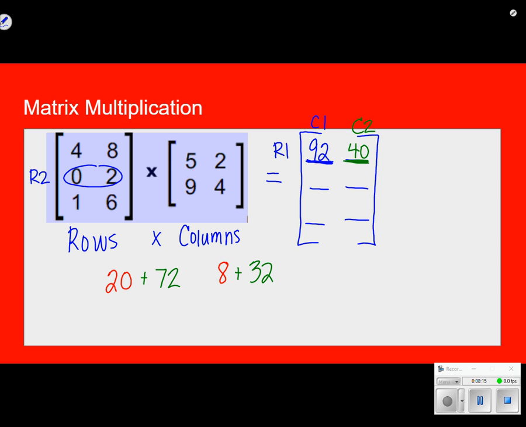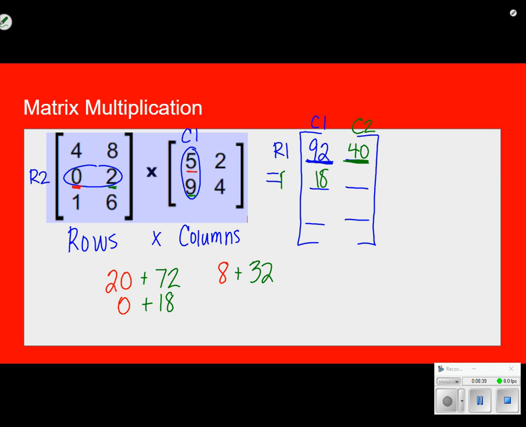So it's a little bit more stuff going on. We're going to do column 1, but the multiplying and adding piece isn't too bad. So we're going to do 0 times 5. I love zeros in a matrix. And then 2 times 9. 2 times 9 is 18. 0 plus 18 is 18.